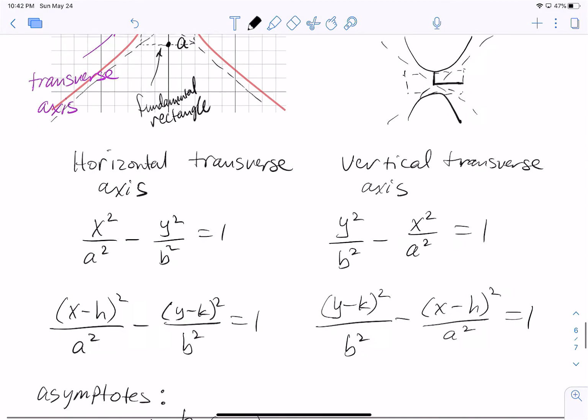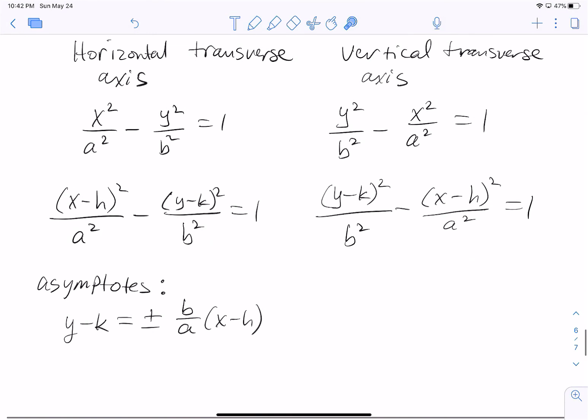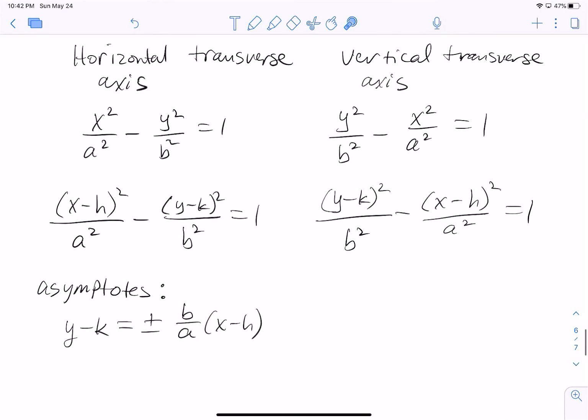And so the way I've written this, my slope will always be plus or minus b over a. With other textbook authors, you'll often see this a squared underneath the y squared, the b squared underneath the x squared, and then they have to give you two sets of equations for the asymptotes, and I get to avoid that here.